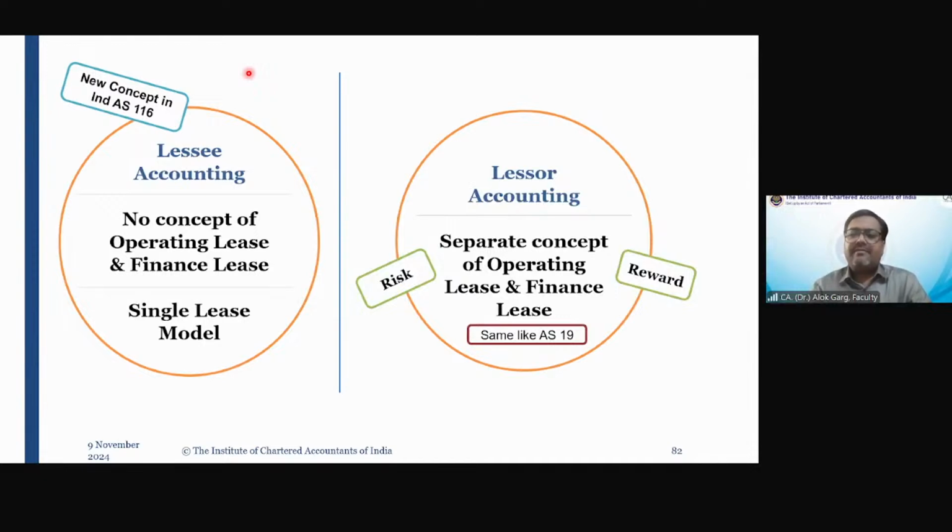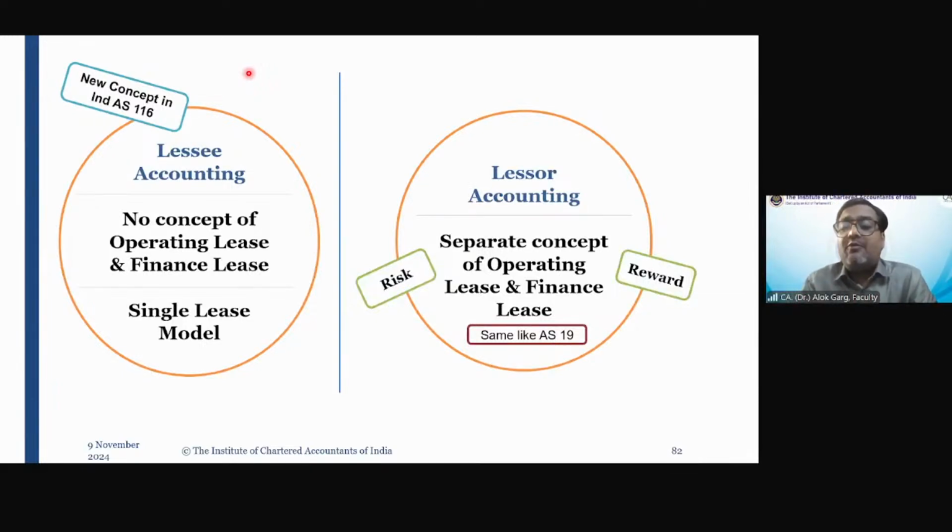So friends, if I talk about accounting in the books of the lessee, the lessee accounting in Ind AS 116 is more like finance lease accounting. Right? We debit the asset, we credit the liability. It is more like the finance lease accounting that we studied in the old standards, in AS.